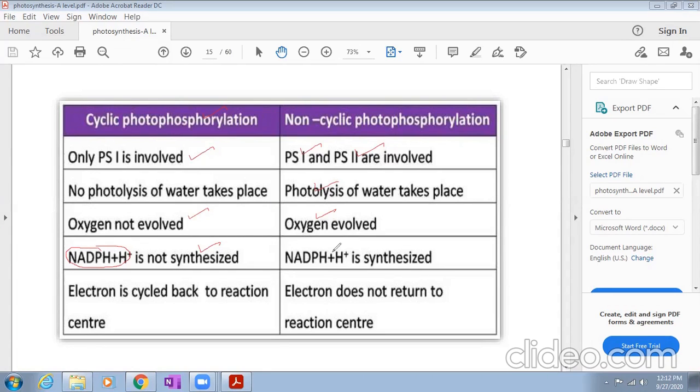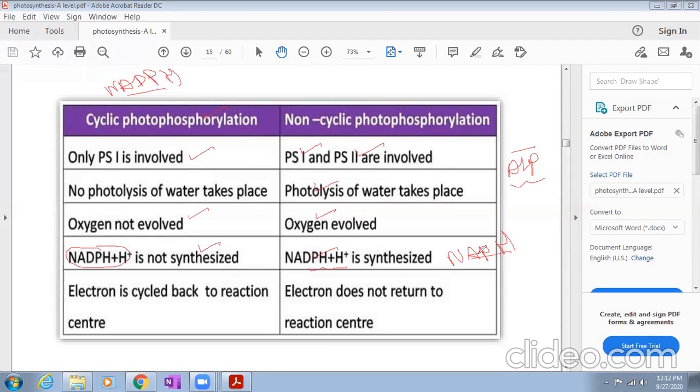So in this case, the final electron acceptor we have is NADP, so NADPH is produced. ATP is produced in both, but in cyclic no NADPH is produced, while in non-cyclic NADPH is synthesized.